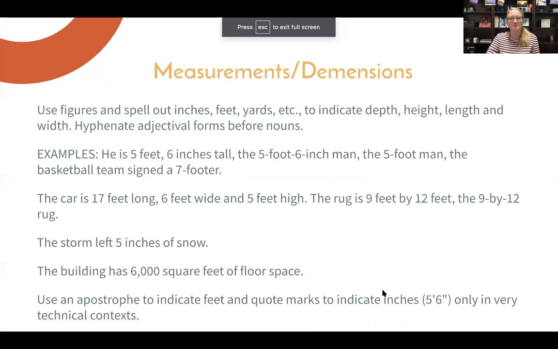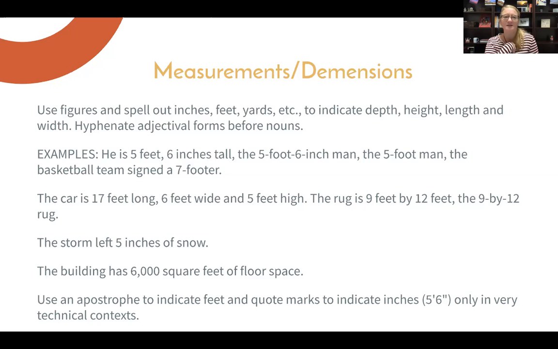So on to measurements and dimensions. There might be a time where you are giving the height of someone, especially in sports articles, or you might want to talk about how many feet a new building on campus is going to take up.